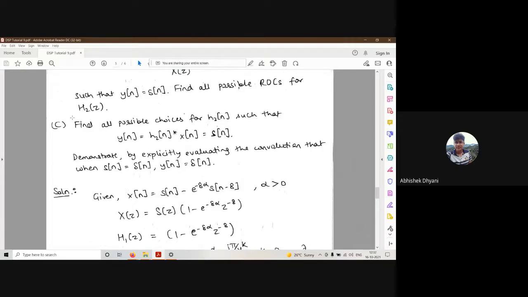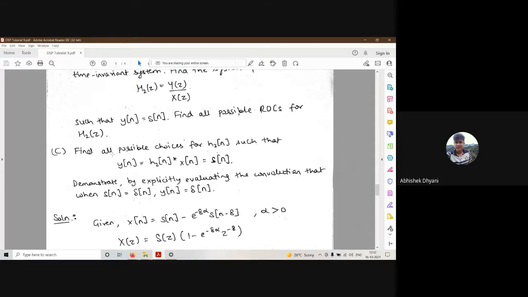Let's look at the third part. It says that we have to find all possible choices for h2 of n such that y of n is h2 of n convolved with x of n, which means that we have to take the inverse z transform of H2(z), and look at all the possible choices. The possible choice would correspond to the ROC that is stable and causal.